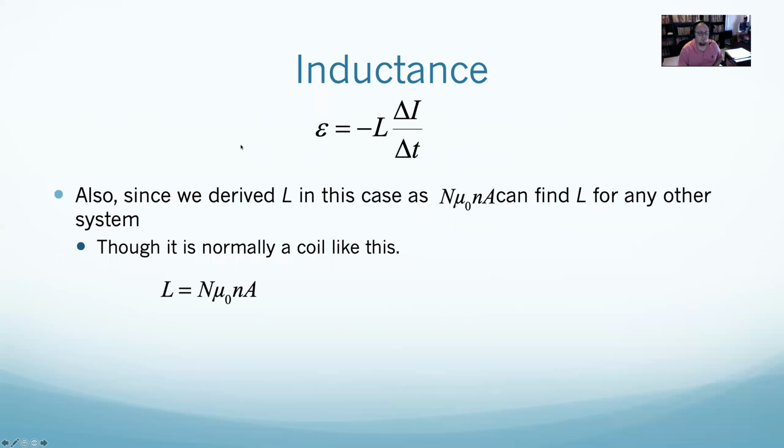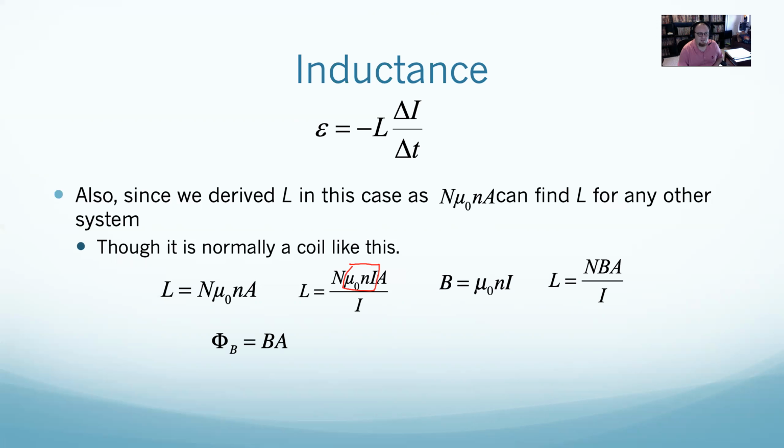But if you just use this, if you multiply the top and the bottom of that by I, I over I, don't forget that B was mu naught Ni for a solenoid, a solenoid with magnetic field mu naught Ni, means I can say that the inductance is given as NBA over I.